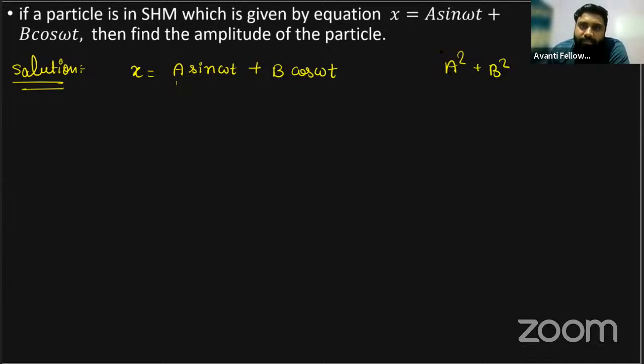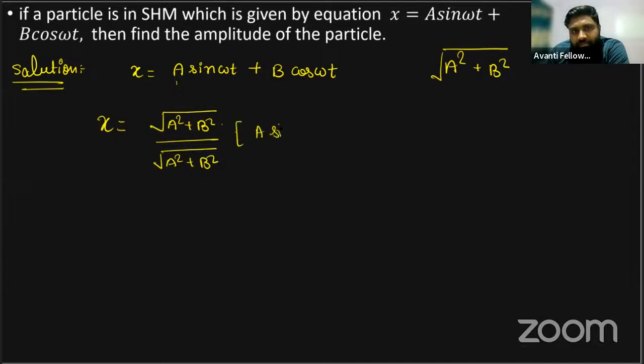It will become root a square plus b square. And finally, x equals, you can multiply it with the square root of a square plus b square, and divide by root a square plus b square.